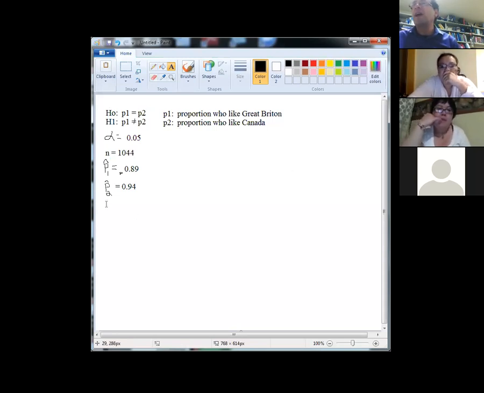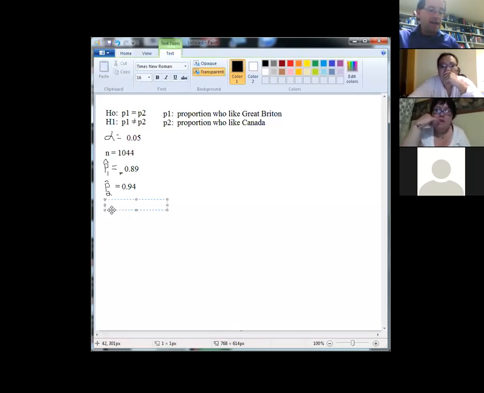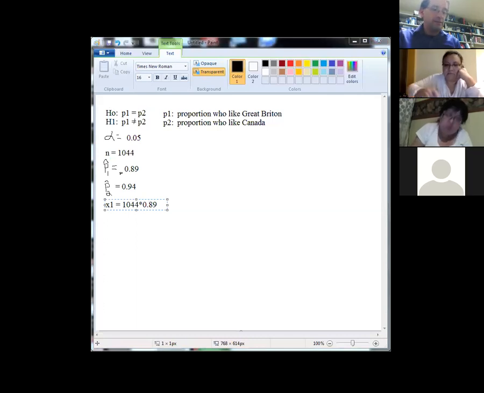Just a note, because the calculator is going to want it, x1 is going to be equal to n times p1, or 1,044 times 0.89. And let me quickly calculate that. That's about 929.